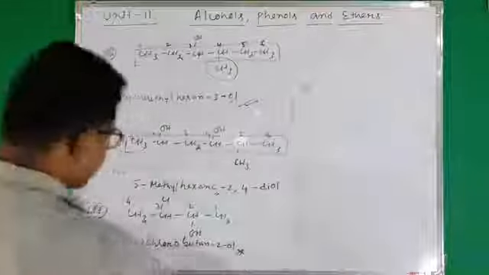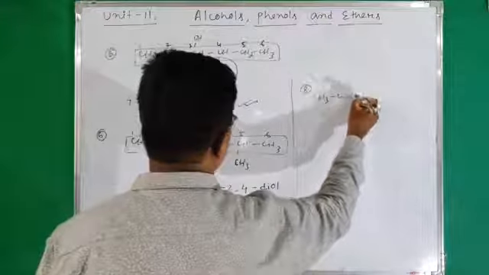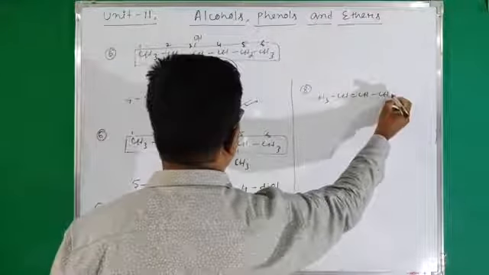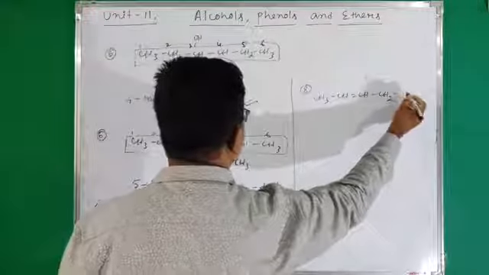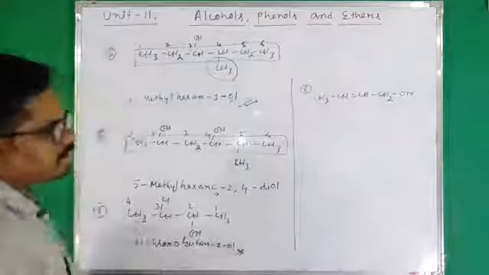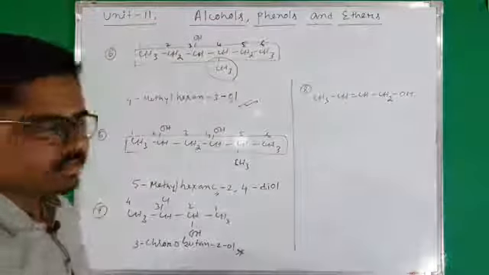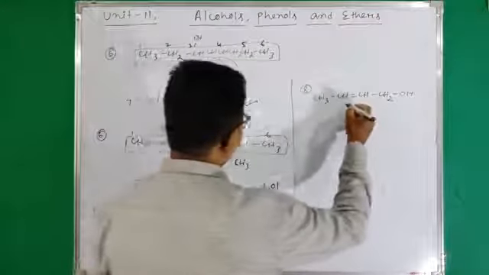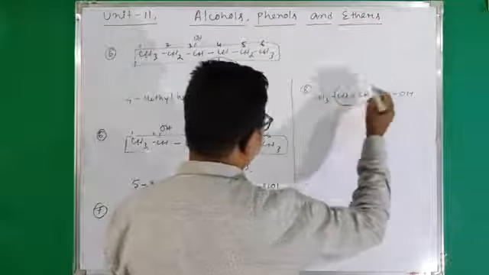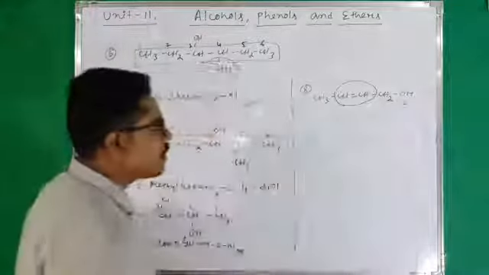Okay, so let us consider another compound. Suppose this compound CH3CH=CHCH2OH. Okay, so in this case again 2 functional groups are present. One is a double bond, that is alkene, and another is OH, that is alcohol.